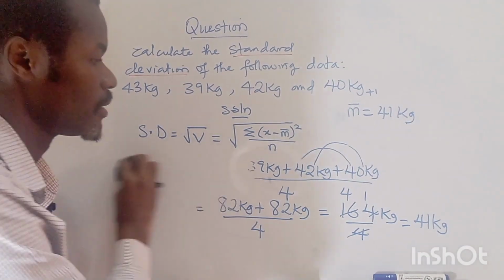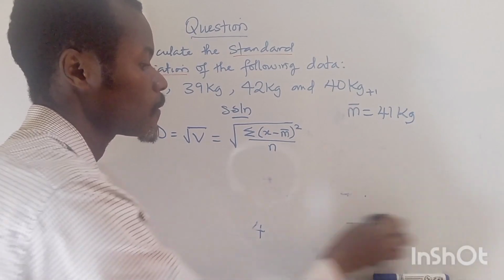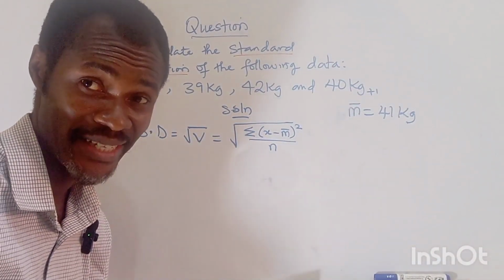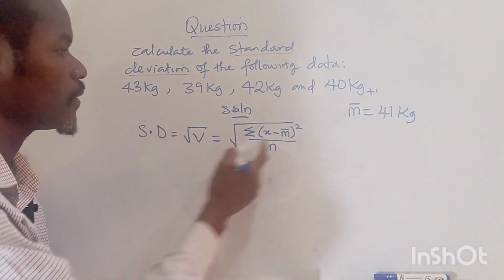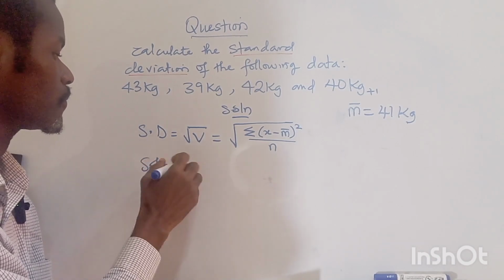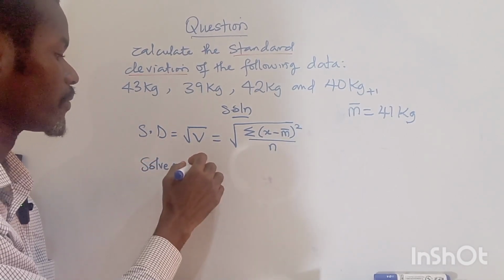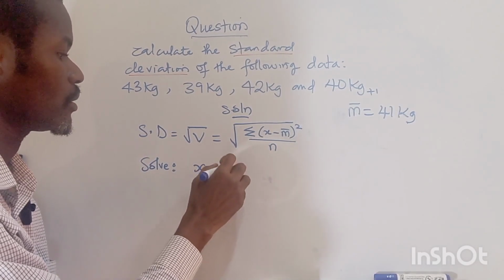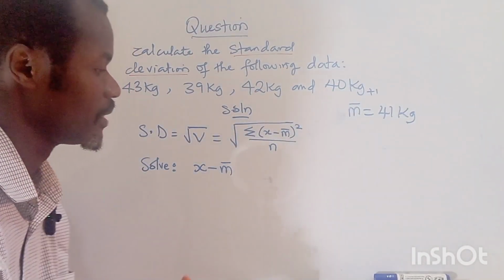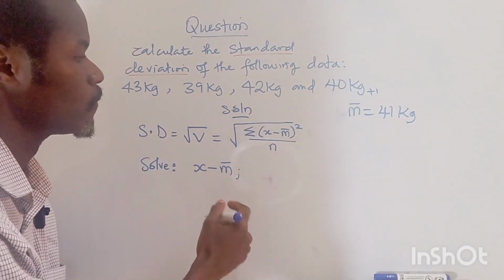Now the next step is we are going to solve for the differences or the deviation, the dispersion. We have x minus the mean for all the data.